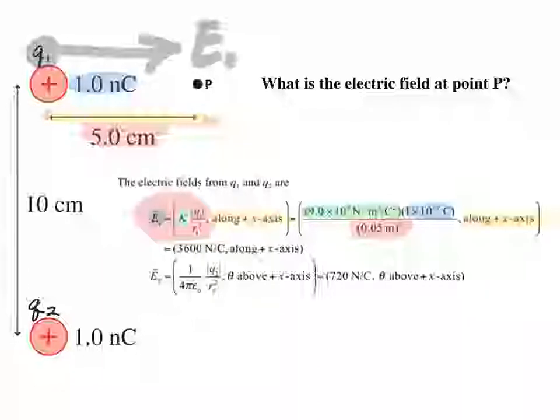So we have this application of the electric field equation, and that produces this value of 3,600 newtons per coulomb, which we'll find out later is the same as volts per meter. It's sort of like newtons per kilogram is the same as meters per second squared, just a different viewpoint of that interaction. All right. So that was easy.